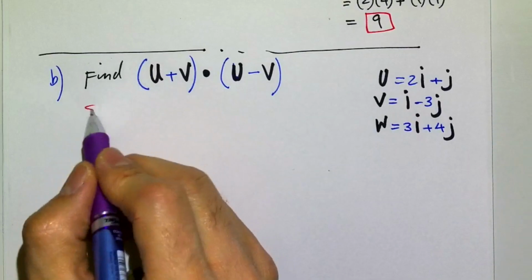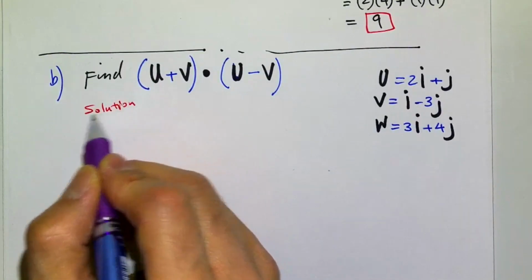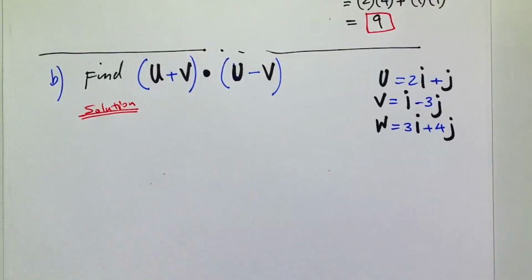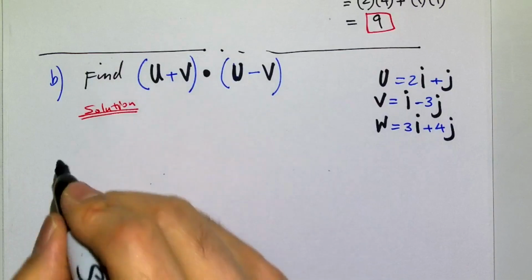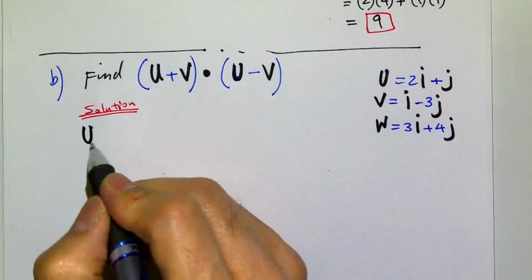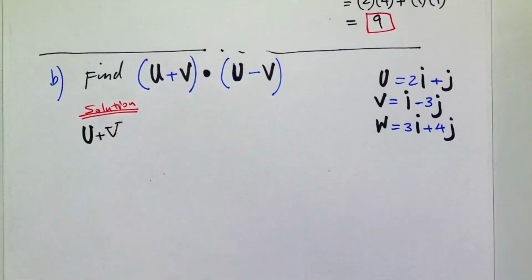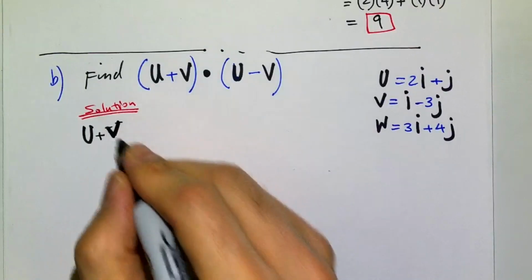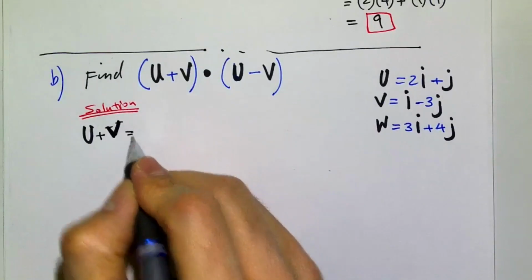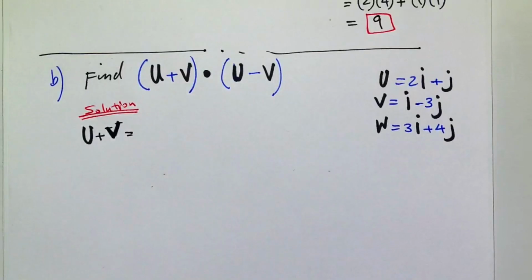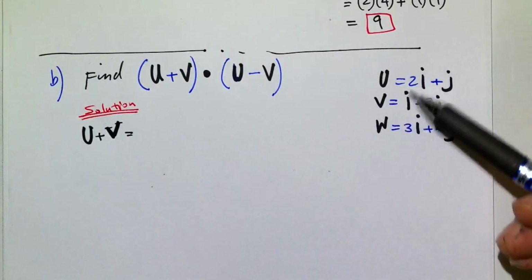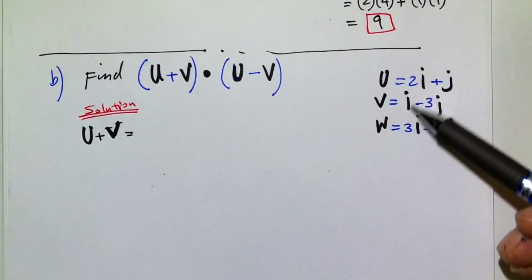So we have u plus v, vectors u plus v, equals, so what are we going to get? We're going to add the equivalent components.